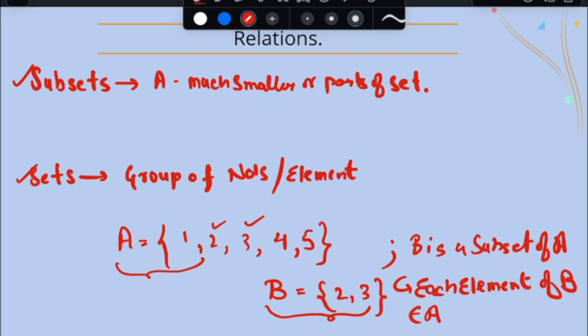Now that you are comfortable with subset and set, let's get started with what relations are.